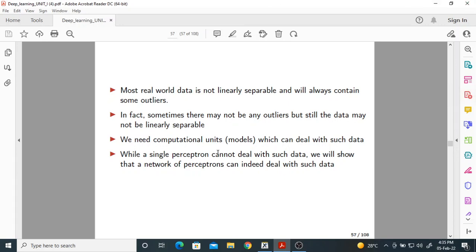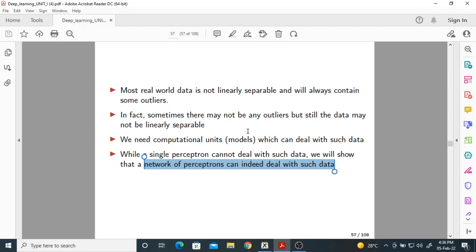Here we need a model which can deal with data having non-linear separation. As I told you just now, a single perceptron cannot deal with such data. We will show that a network of perceptrons can deal with such data.